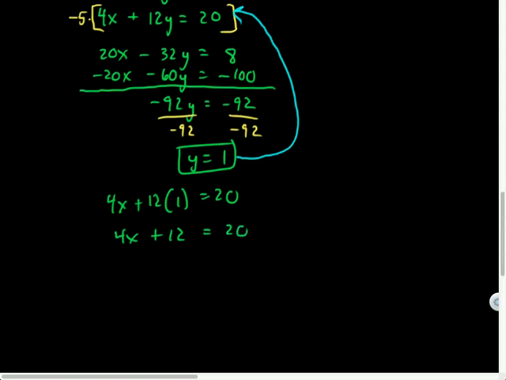Subtract 12 from both sides. 4x equals 8. And then divide by 4, and we get 2. That's the one. X equals 2. So we get our solution.